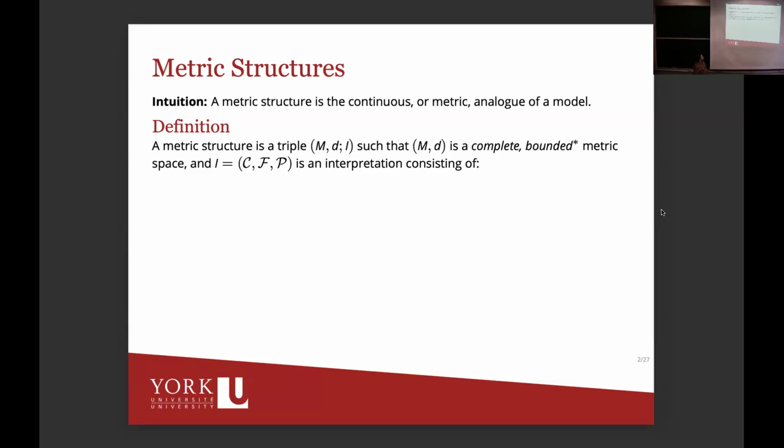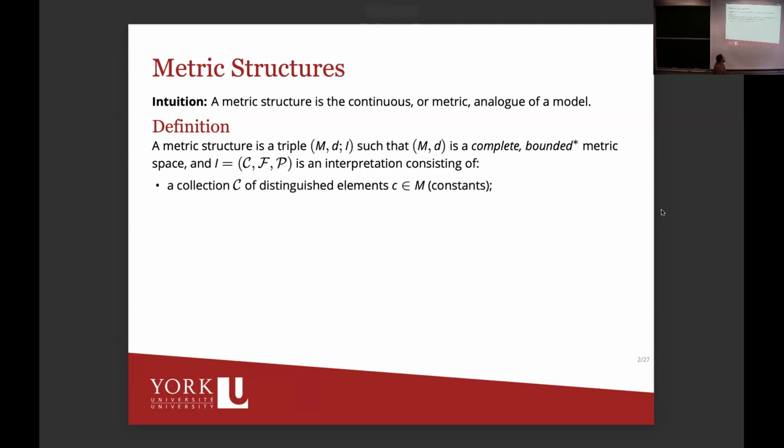Okay, so for a metric structure, what I really mean is I'm going to take a complete bounded metric space and treat it like the set of a model. A model is a set plus constants, functions, and relations. So a metric structure is a complete bounded metric space. The boundedness you can do away with if you use one of the many tricks in the literature.